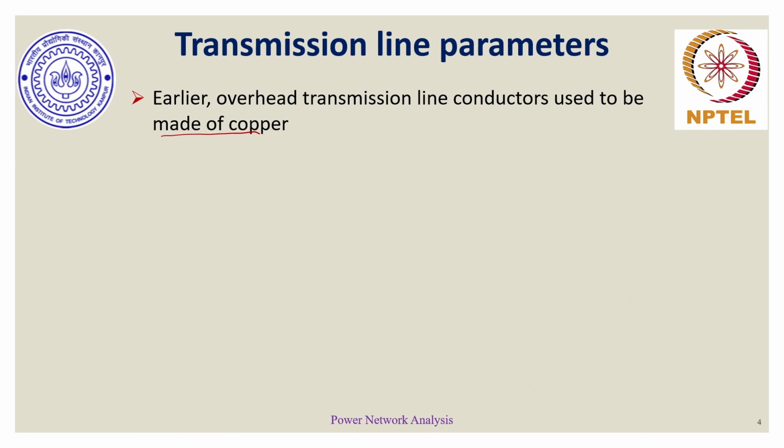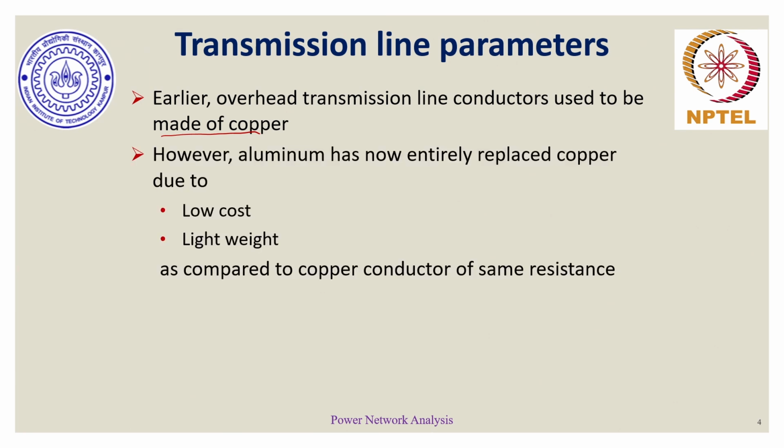But the issue with copper conductors was that copper is heavier in weight and hence the line span could not be large, and that's the reason why over the period of time aluminium has entirely replaced copper conductors, because for the same current carrying capacity, aluminium tends to have low cost and low weight, which makes life easier for transmission network owners and operators to erect transmission towers and corresponding lines.